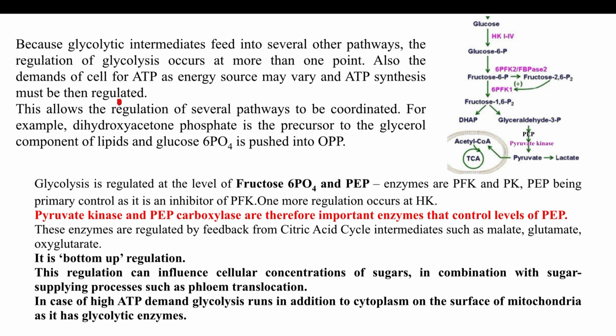Now, children, regulation of glycolysis occurs majorly at two steps, and there is a third one also. The primary regulation is do not let pyruvate form.